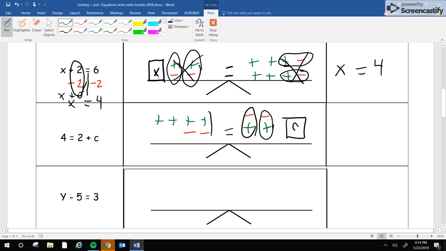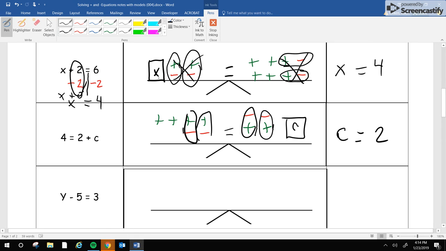So over here, I have a 0 pair and another 0 pair. So if we look here, c plus 0 is c equals, over here, I got 2 plus 0, which is 2. So our answer is c equals 2.